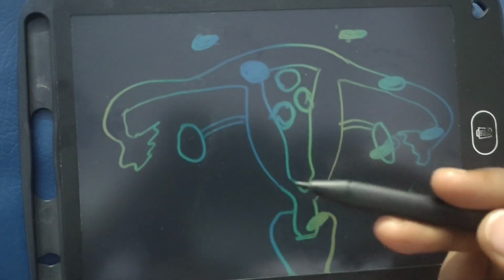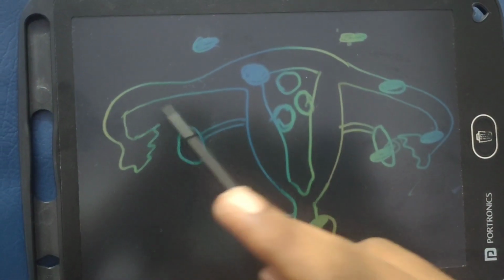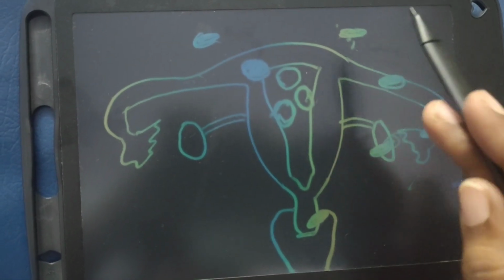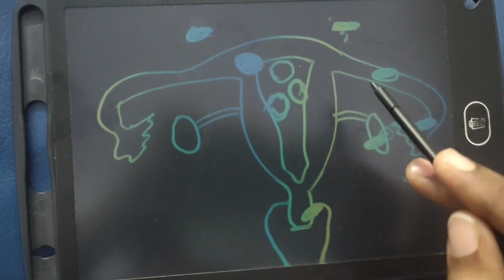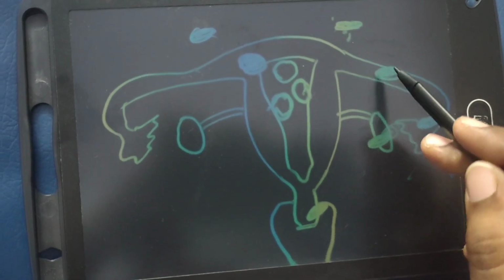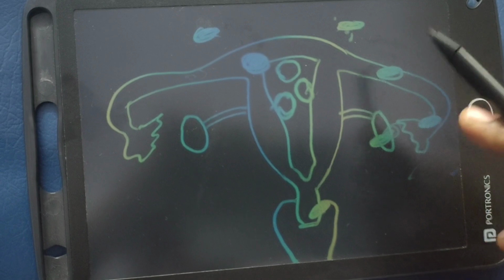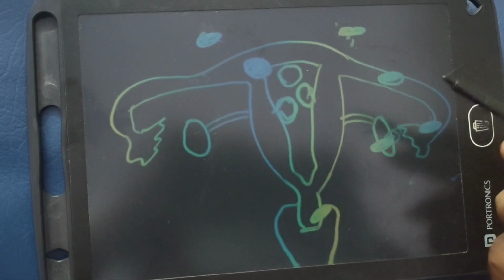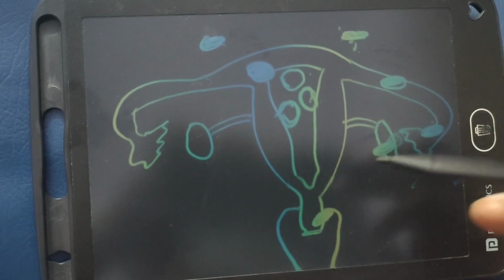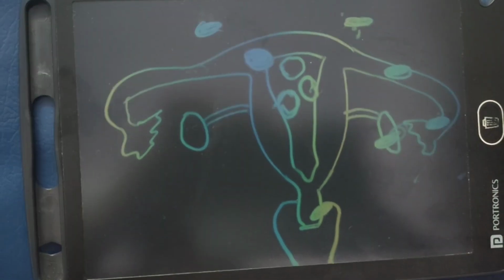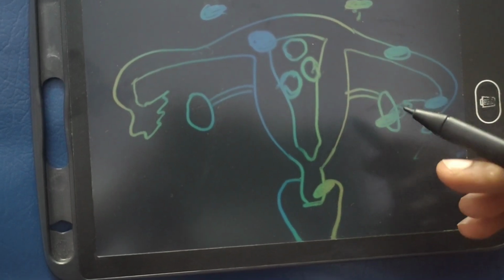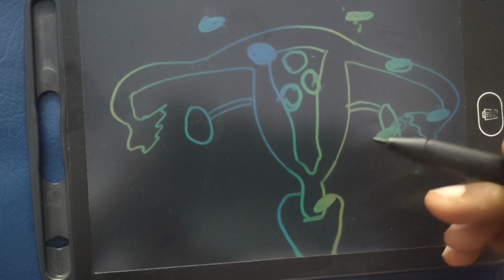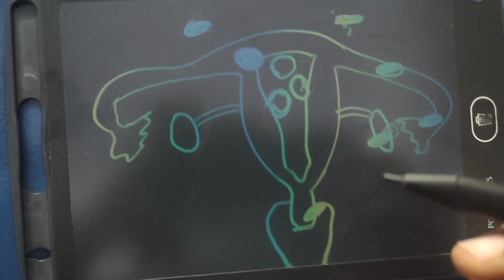But if the baby is getting formed elsewhere like the interstitial region, tubal region, fimbrial region, or in the abdomen, this can pose a threat to the woman's life itself, because as the baby expands, this has a chance of rupture, because of which it can cause great damage to the organs and profuse blood loss, because of which the woman can go into shock and even death. That is the reason we are concerned about ectopic pregnancy a lot, and doctors always advise to get the scan done within 6 to 7 weeks of missed period.